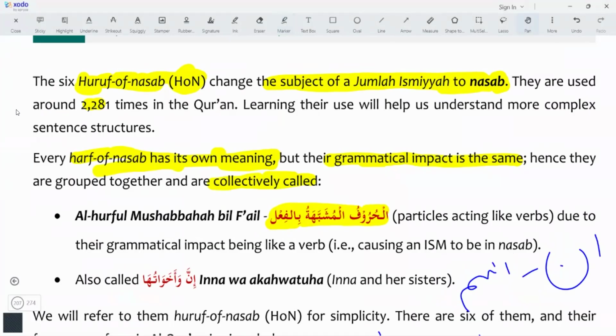They have different meanings, but their grammatical impact is the same. Hence they are grouped together and called collectively al-huruf al-mushabbaha bil fi'l. Again, these 6 huruf have different meanings, but their grammatical impact is the same. What is the grammatical impact of Inna and its sisters? They change the subject of a jumlatul ismiya to nasab.